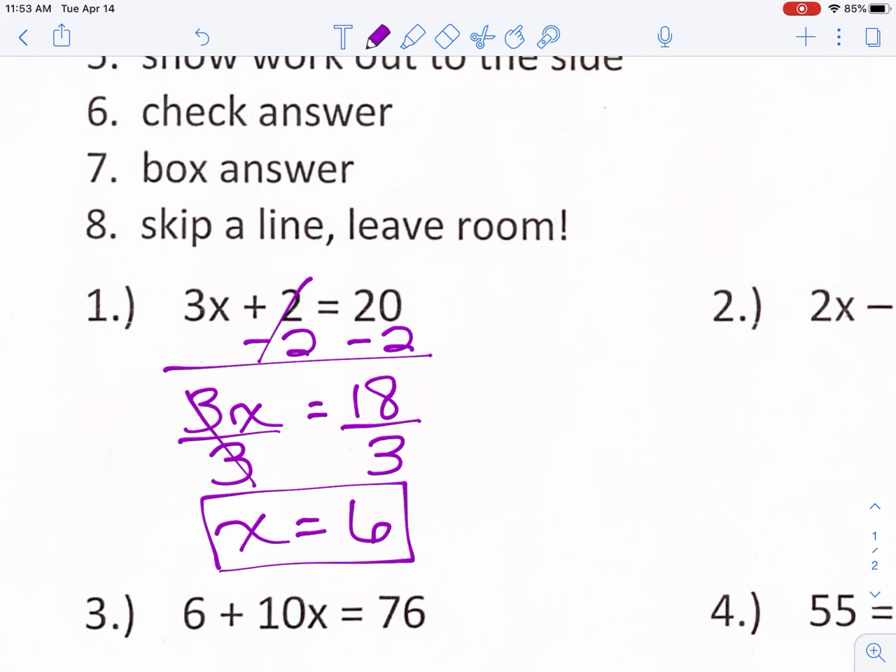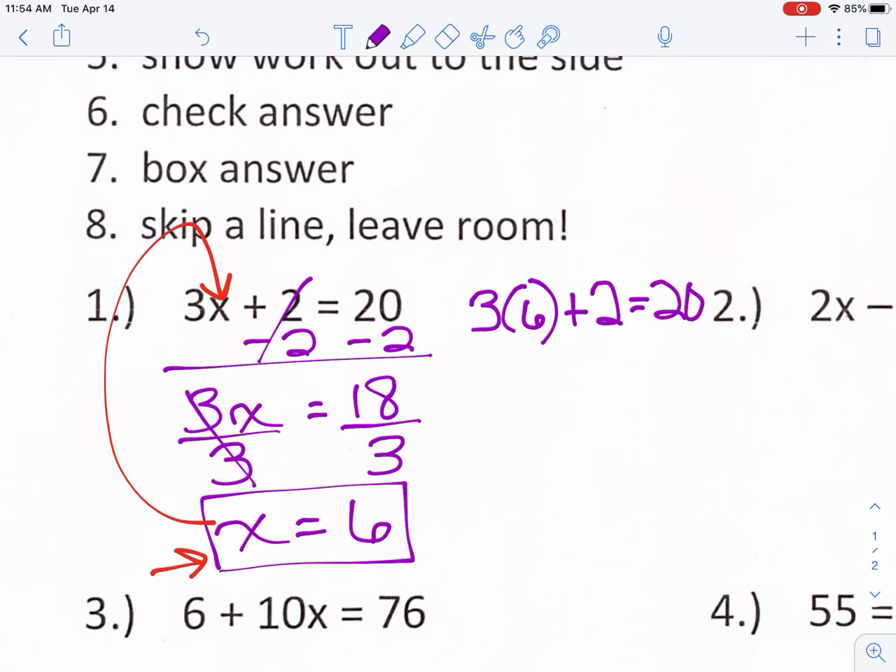Box our answer as we always do. Let's make sure it works. How we do that is we just said that x is 6, so we're going to put that 6 back in for x to see if it makes sense. Out to the right, I'm going to do 3 times 6 plus 2, and that better equal 20.